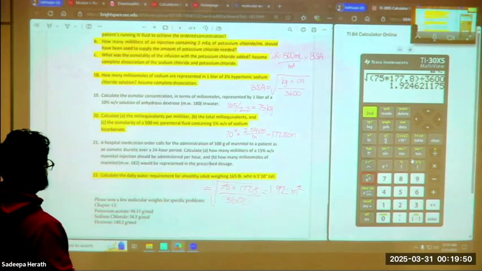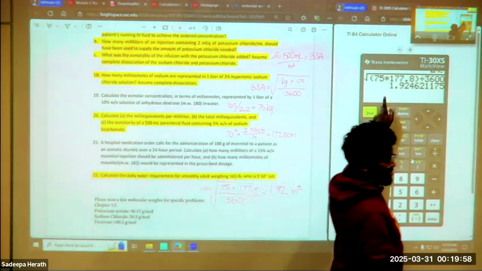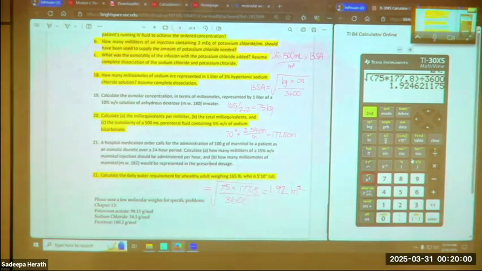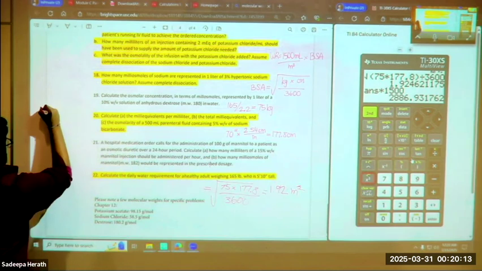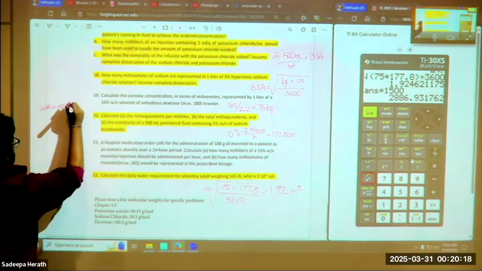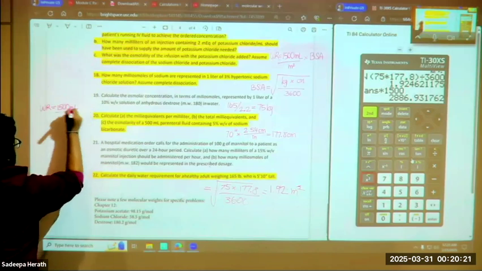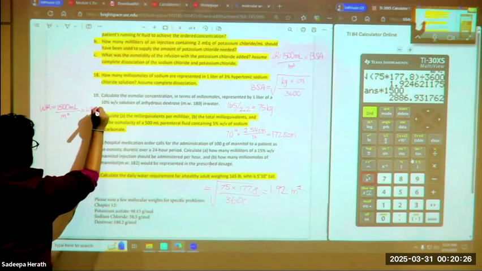We want water requirement in milliliters. So we just multiply our BSA by 1,500. So just to finalize here, water requirement equals 1,500 mL per meter squared times 1.92.